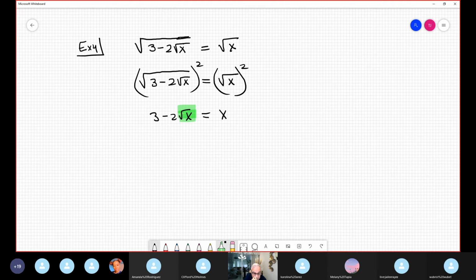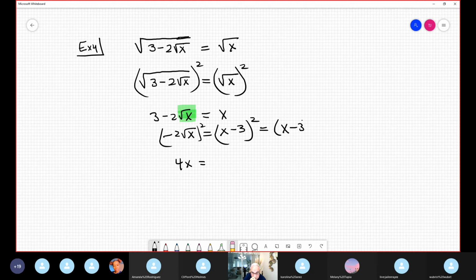Isolate the last radical. So we have minus 2 radical x is equal to x minus 3, because I move 3 to the other side, and you square both sides. Entonces, negative squared becomes positive, you know. And 2 squared is 4. And the square of the square root is just x. In this case, no. In this case, you FOIL, because it's a binomial.